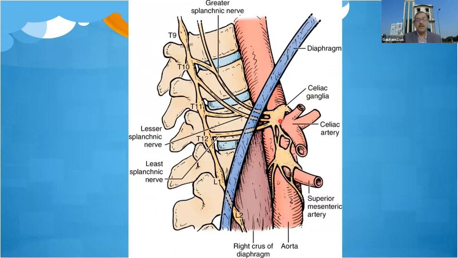And there are different approaches. One is called antecrural. So this is the crus of the diaphragm, right? When your needle is going anterior to the crura of the diaphragm, we call it antecrural. In an antecrural approach, we are closer to the celiac ganglion, celiac plexus.